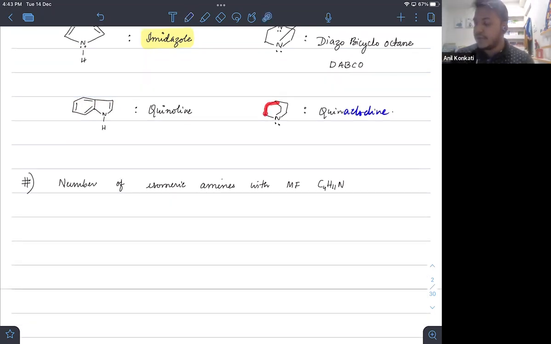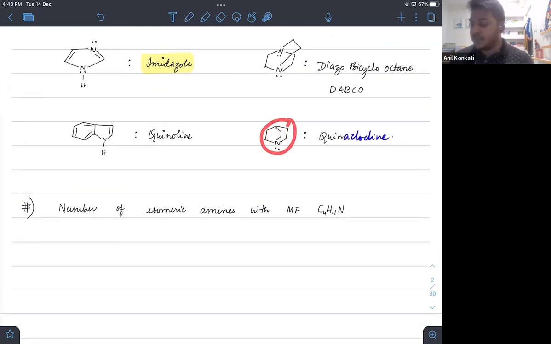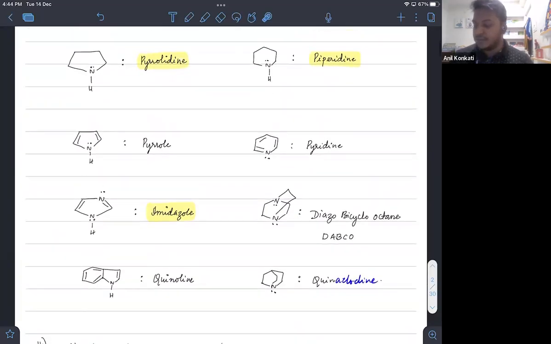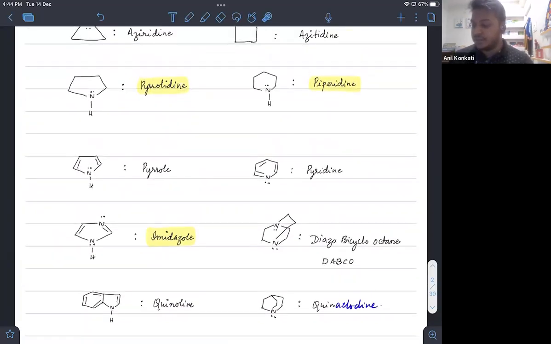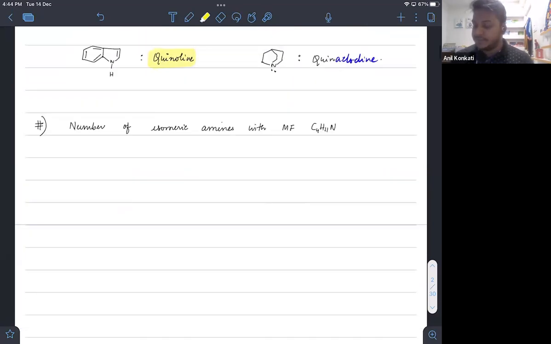In case you have a pyridine kind of cyclic form, but then we have a bicyclo form, then that is called quinuclidine. So try to learn these terms, especially pyrrolidine, piperidine, imidazole, and quinoline. These are the important ones which we will be using even in biomolecules and other chapters.